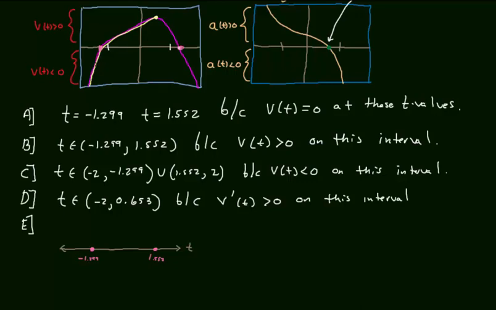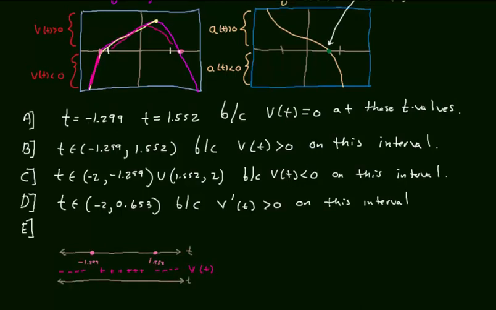Remember here, we were below the t-axis, so velocity was negative on that interval. Then between the two zeros, the velocity was positive, so I'll indicate positive for velocity. And then once we got past 1.552, the velocity went back to negative. So that describes the sign of velocity.